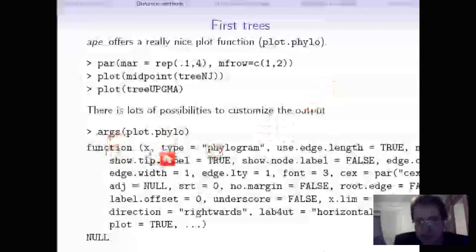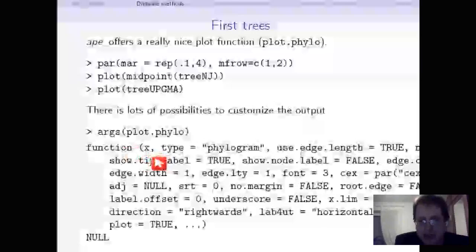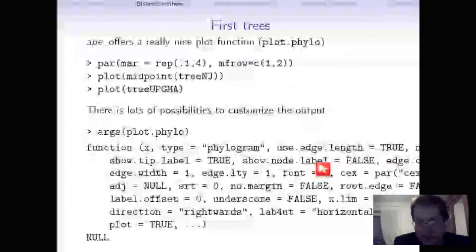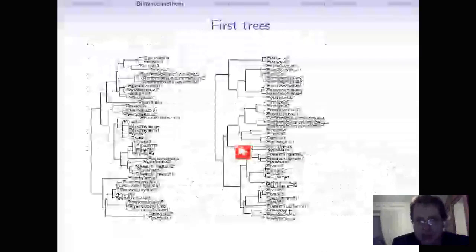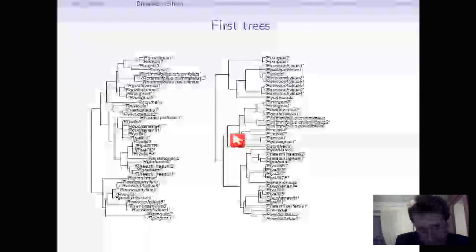I also just wanted to show you that this plot function can be very sophisticated, and it has lots of arguments, and you can change colors and edge widths and use different fonts. This one is just a very basic plot without doing any special things, just using the default values.